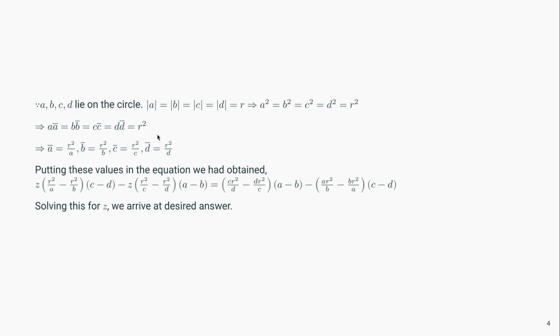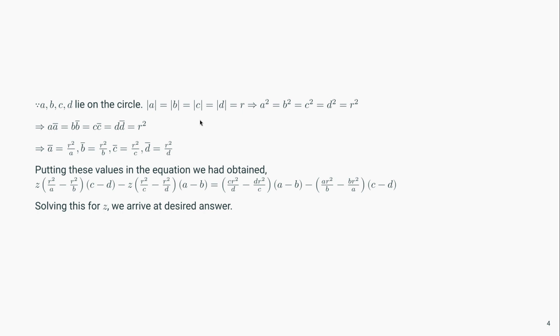Once we have this, we also know that because a, b, c, d lie on the circle, mod of a will be equal to mod of b equal to mod of c equal to mod of d equal to r. So we have a a bar is equal to b b bar is equal to c c bar is equal to d d bar is equal to r square. This relation we can arrive at simply by taking the origin at the center.